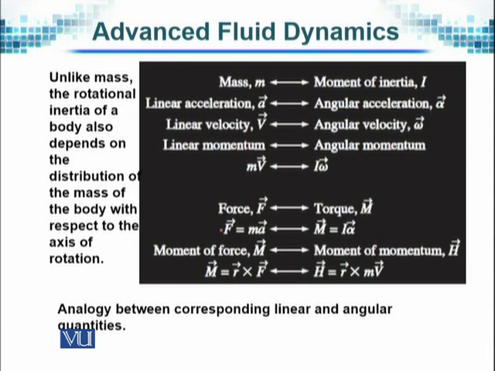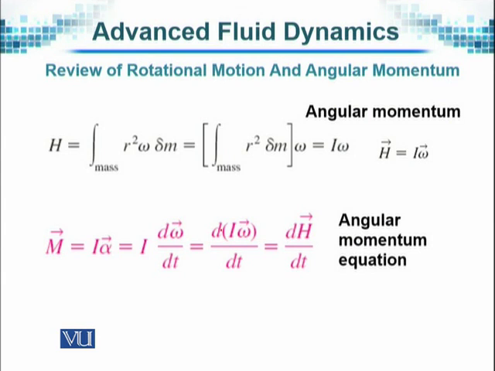And unlike mass, the rotational inertia of a body also depends on the distribution of the mass of the body with respect to the axis of rotation. So where the mass is distributed, where it is lying, will affect the total inertia of the body or the fluid motion.